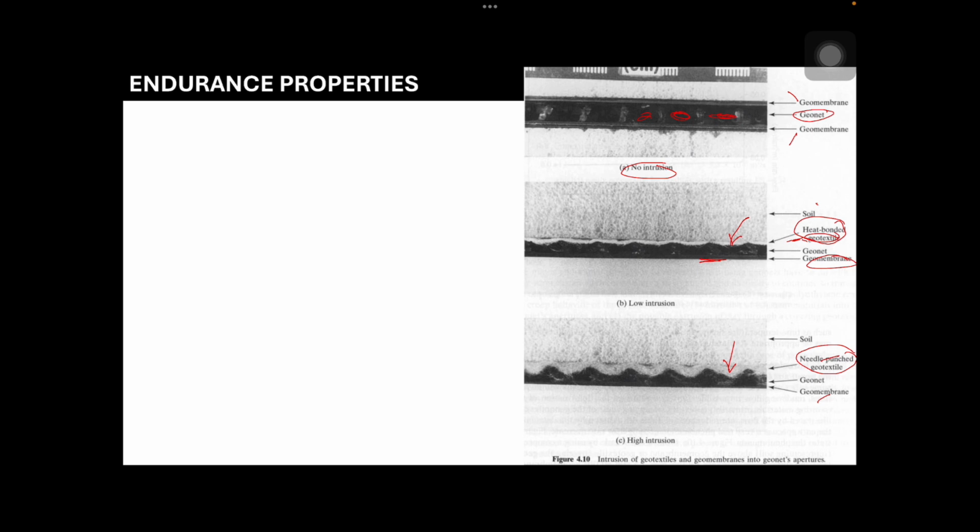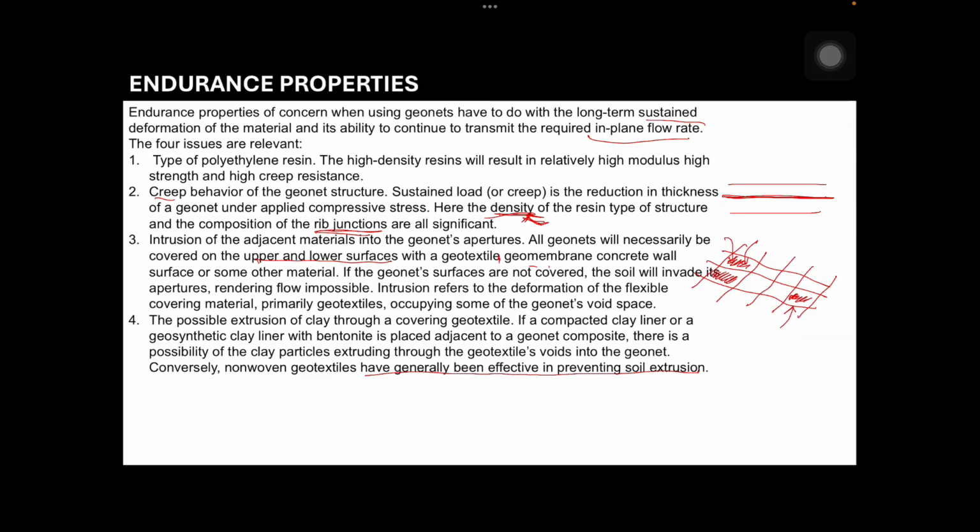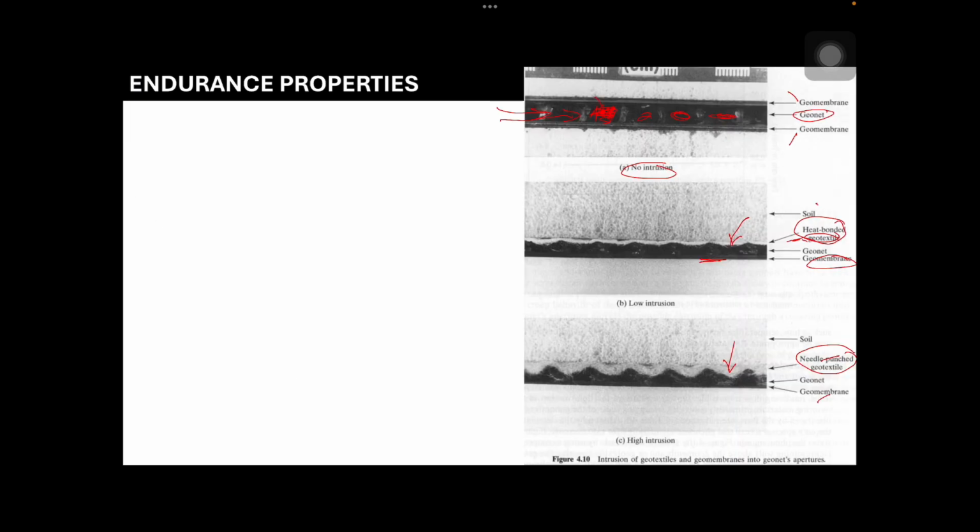Okay? So, kapag nako-cover ito yung opening ng geonet, mas mahihirapan mag-flow ang water dito. Diba may sinircle ako kanina? In-plane flow rate. Yan yung paraan kung paano mag-provide ng drainage yung geonet through its in-plane surface.